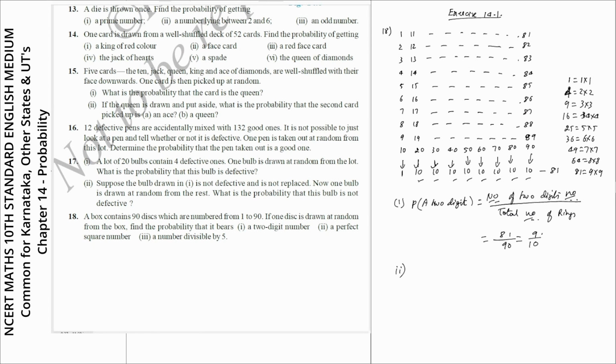Also 1 is a perfect square number because 1 is equal to 1 into 1. So totally how many perfect square numbers are there? 1 2 3 4 5 6 7 8 9.